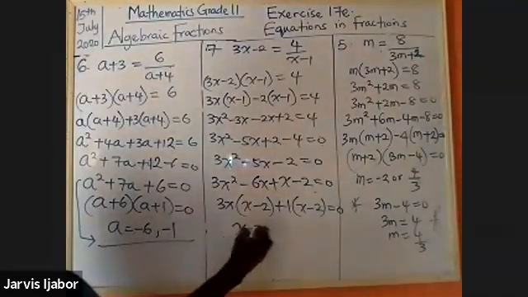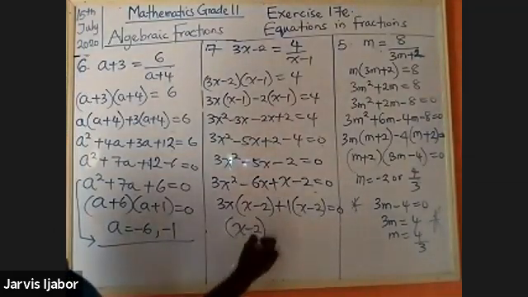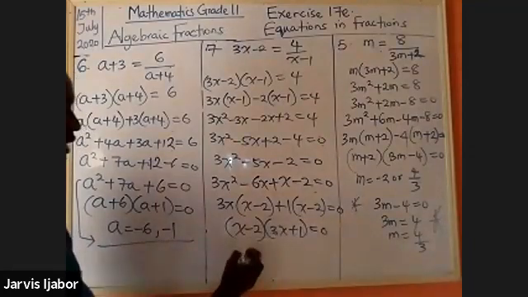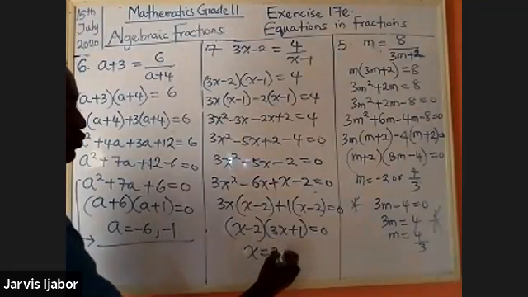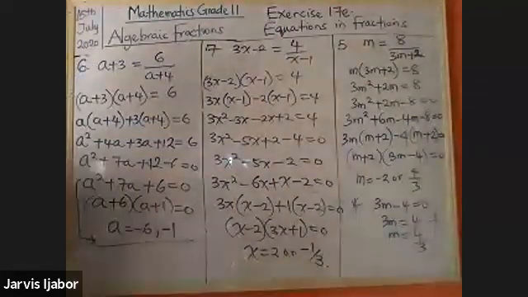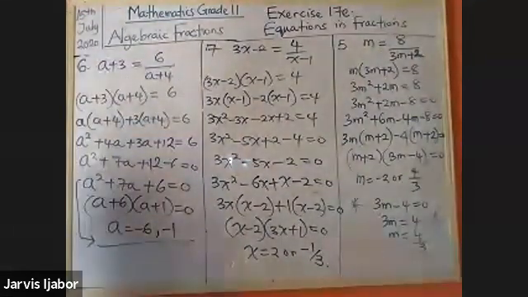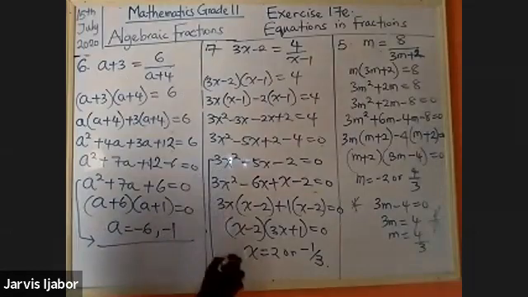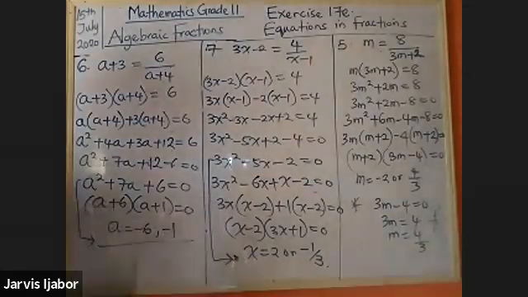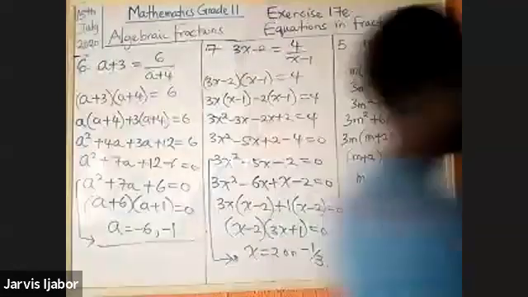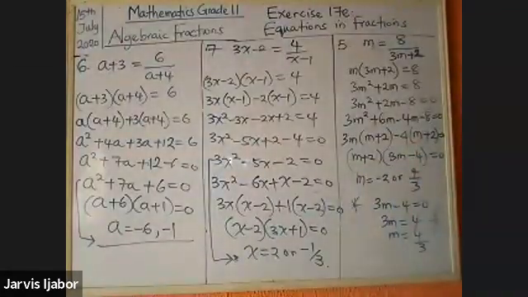So x minus 2 into 3x plus 1 will be equal to 0, and x will be equal to 2, or what? Negative 1 over 3. So then again, your task is to go back and see how you move from here to here. That's where the major work will be for you. And I want to encourage you to do that.